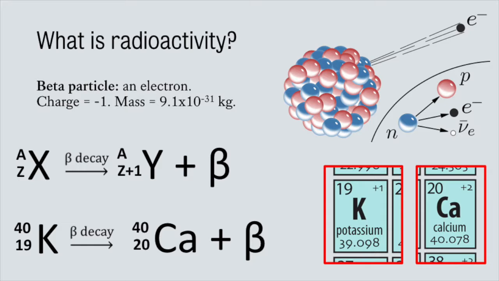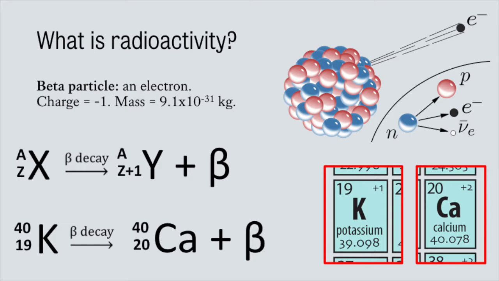I've included at the bottom of the slide an example of how this happens. Here I'm using as an example the element represented by K. If you have a look at the periodic table, you'll see that that is potassium. So what happens here? Potassium-40, which is contained in the human body and also in bananas, contains 40 nucleons, 19 of which are protons.